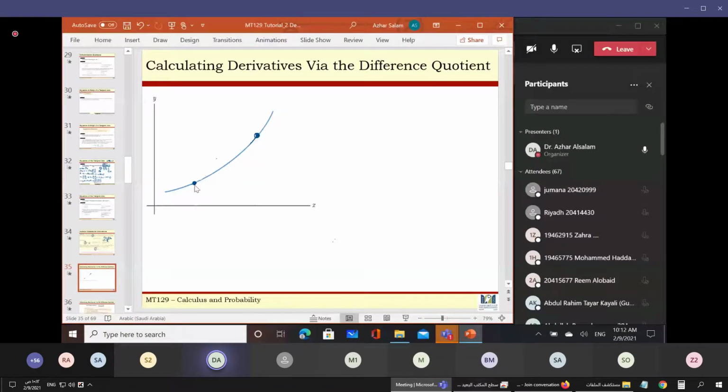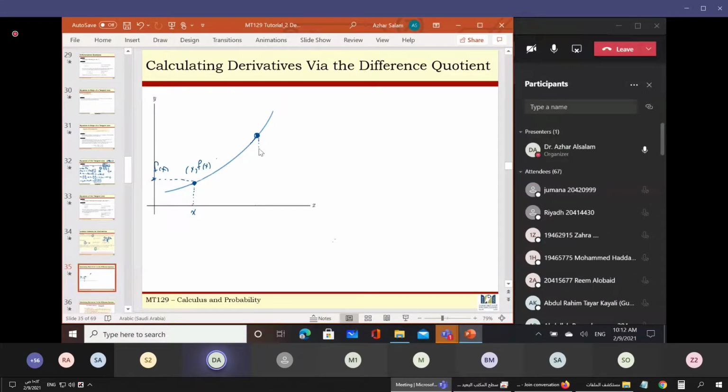The first point has x as its x coordinate, and this is the y coordinate. Here the value is f of x, or y. How can I get y? It's the value of the function f when I substitute x.